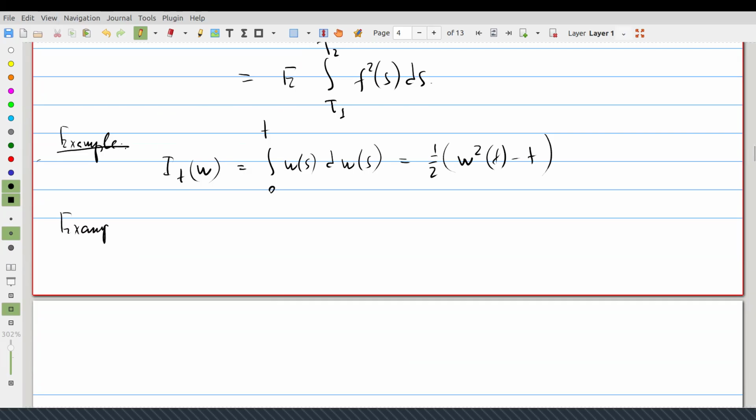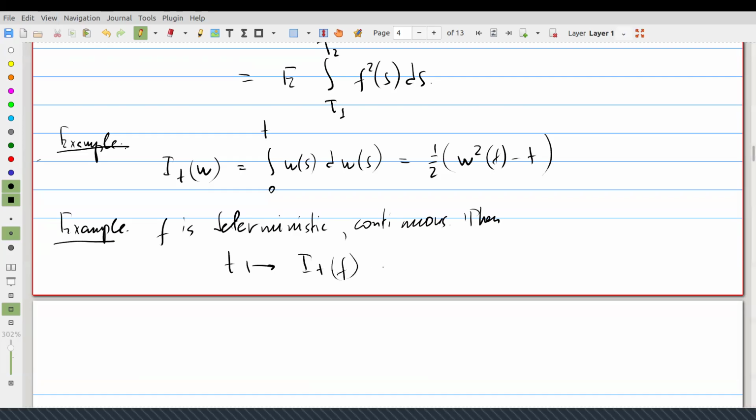And another example that I will give is just if f is deterministic and continuous, then the process is a centered Gaussian process. Why?